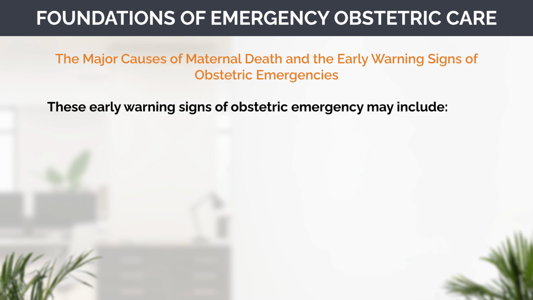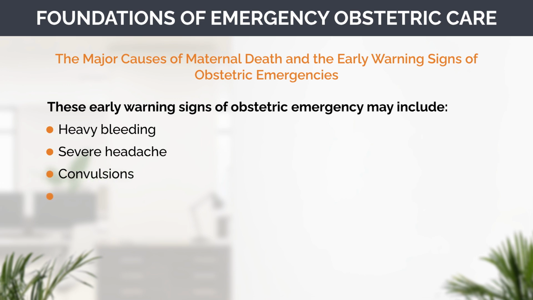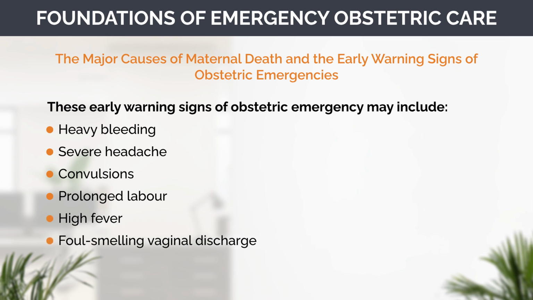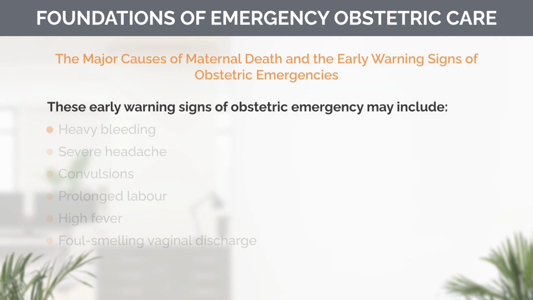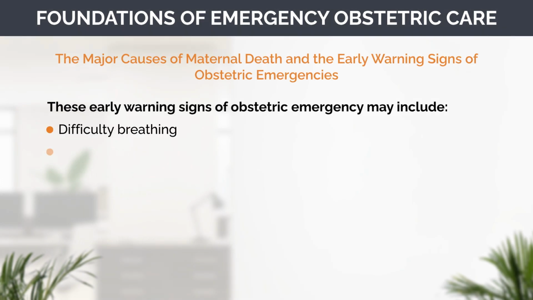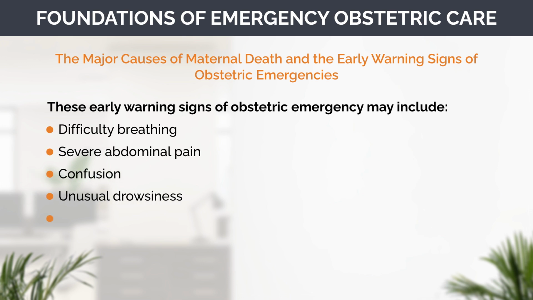Because these conditions are so dangerous, we must be vigilant for early warning signs. These early warning signs of obstetric emergency may include heavy bleeding, severe headache, convulsions, prolonged labor, high fever, foul-smelling vaginal discharge, difficulty breathing, severe abdominal pain, confusion, unusual drowsiness, weakness, collapse, or signs of shock.